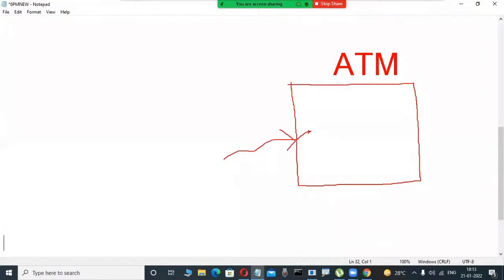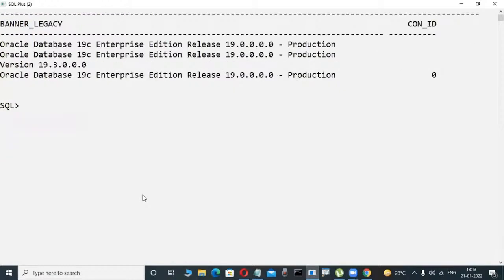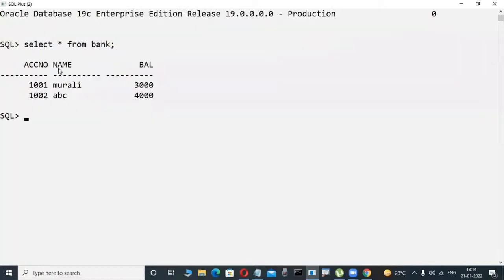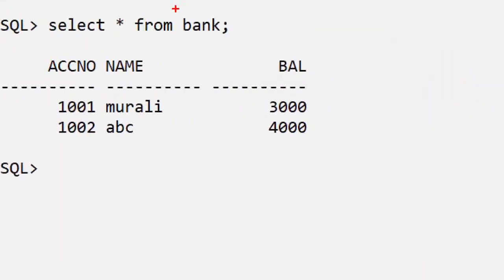Now check it out, slowly observe the screen. Suppose in this database, a bank table is there, for example. Just observe the scenario, it is very easy to understand.